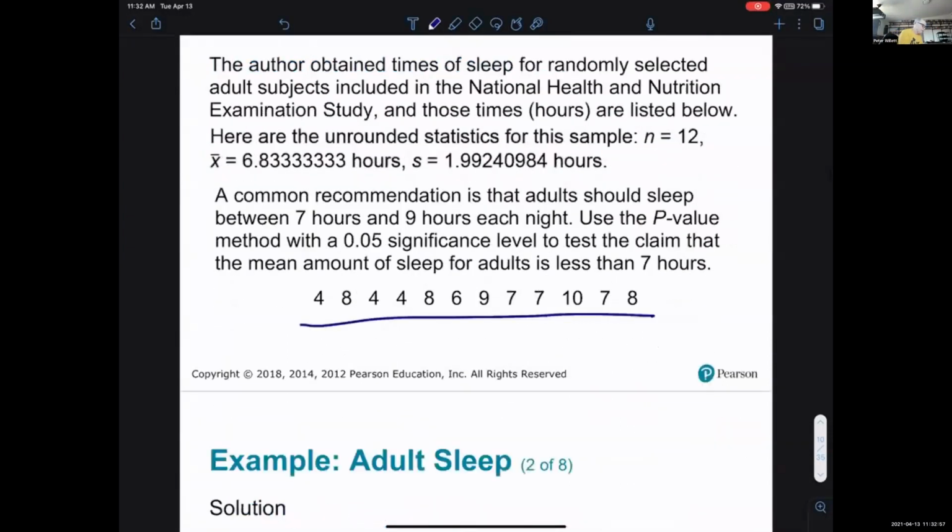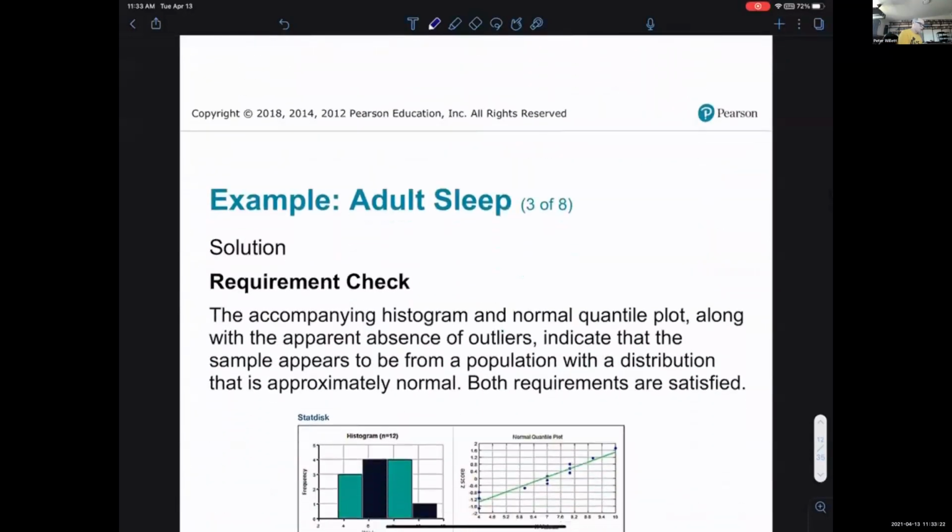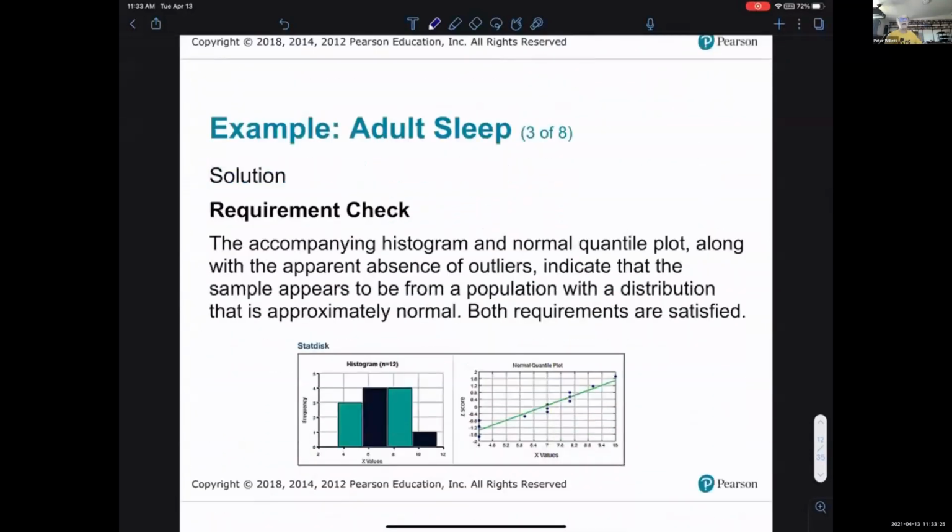So let's look at what they have to say about the conditions in this case. The sample is a simple random sample, so that did say that in the problem. But then the second requirement is the population is normally distributed or n is greater than 30. The sample size is 12, which does not exceed 30, so we must determine whether the sample data appear to be from a normally distributed population. As I mentioned earlier, you can check that by making a quantile plot, a QQ plot.